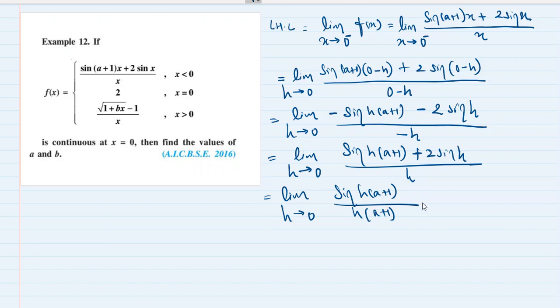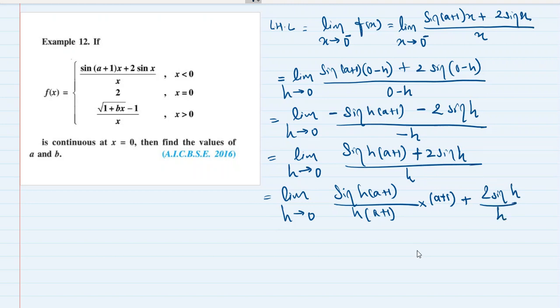Where did I bring it from? So just for the sake of convenience, I'm going to multiply with a plus 1 in the numerator. So a plus 1 gets cancelled and it becomes as it is. Plus 2 sine h by h.